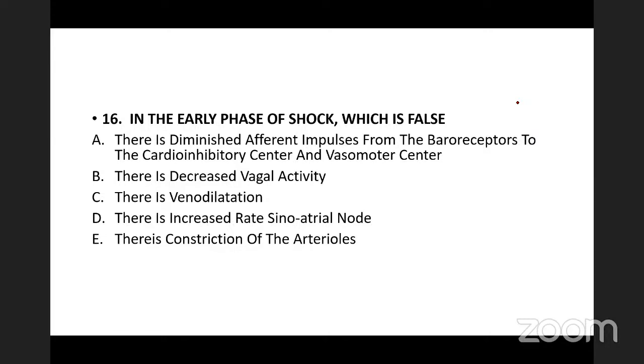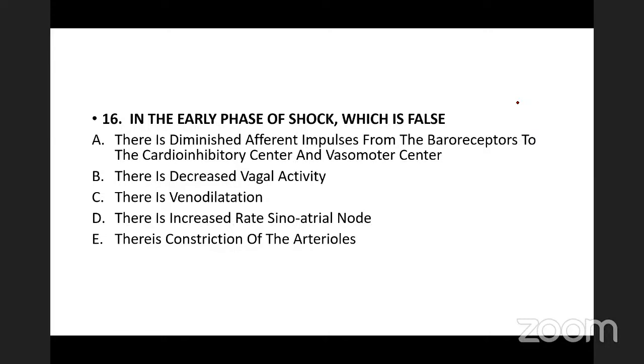This option says in the early phase of shock, there is diminished afferent impulse from the baroreceptors to the cardioinhibitory center and vasomotor center. This is correct because when the patient loses blood, the tension within the blood vessels is reduced.